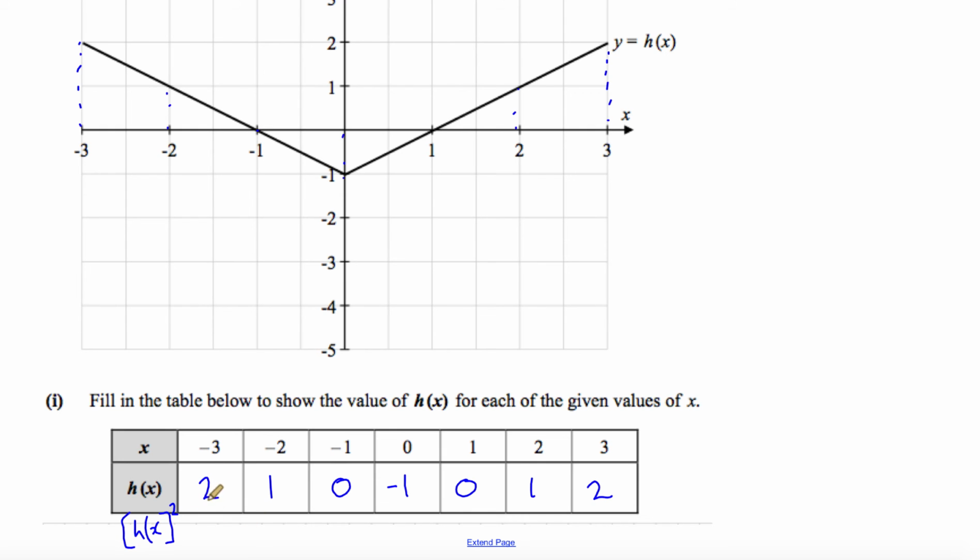So we have to square each of these h of x values. That will give us 4. 1 squared is 1. 0 squared is 0. Minus 1 all squared is 1 again. 0 squared is 0. 1 squared is 1. And 2 squared is 4.